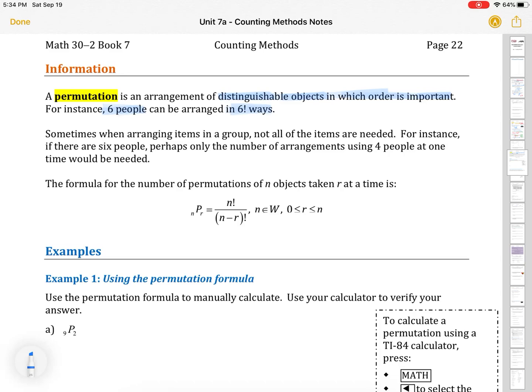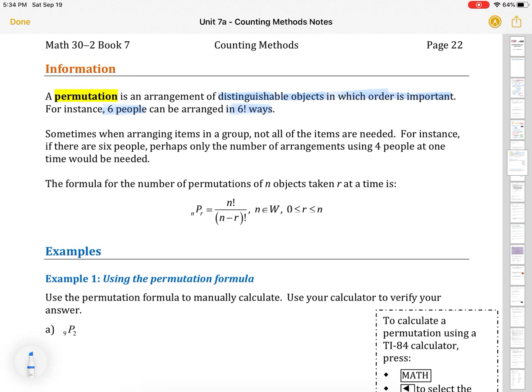Sometimes when arranging items in a group, not all of the items are needed. For instance, if there were 6 people, maybe only the number of arrangements using 4 people at one time would be needed. So we have 6 people on the bench, but only 4 people can be on the court at a time.